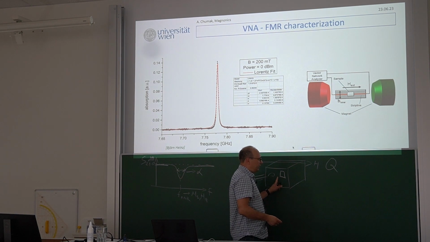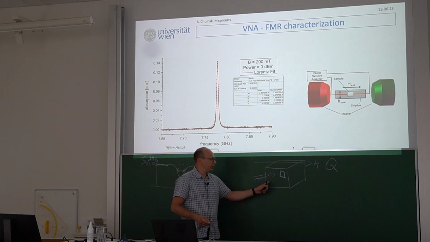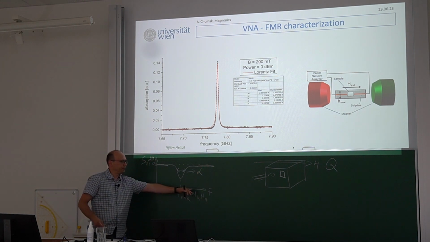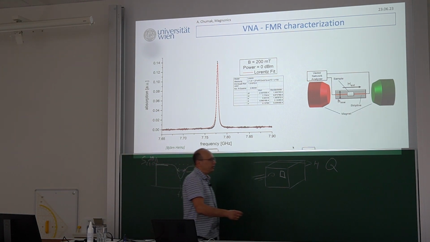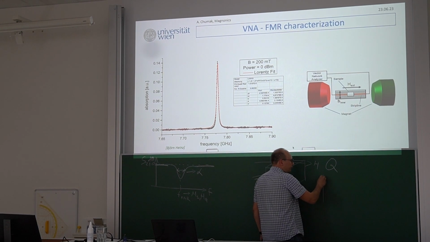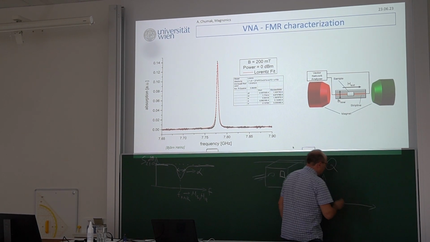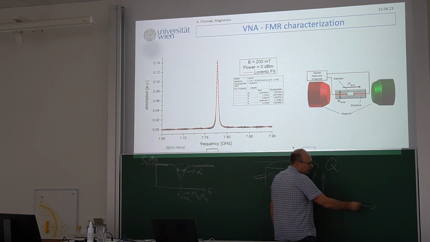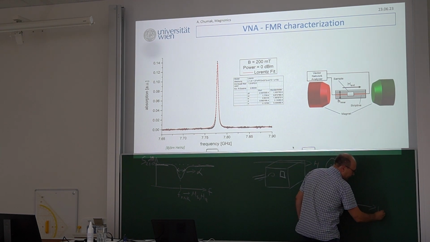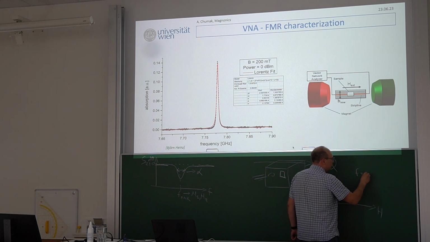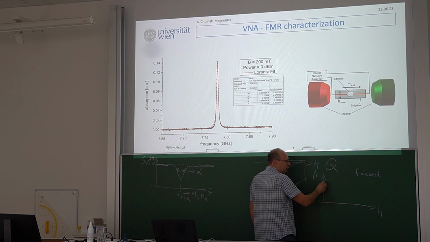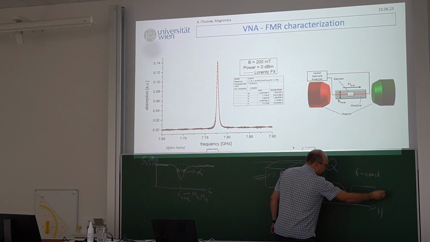And the trick here is that the resonator has a fixed frequency. It means that you are not able to tune frequency like it's shown here. Instead, what people did in the past, they measured always, for example, again, some absorption, somehow recalculated, as a function of field. So the frequency was constant, and they measured it as a function of field, and they have seen also some absorption.